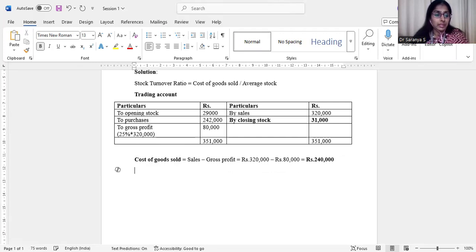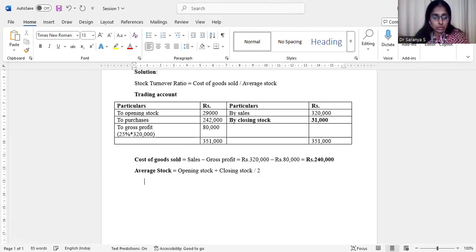Next, the denominator, average stock. Average stock is opening stock plus closing stock, overall divided by 2.